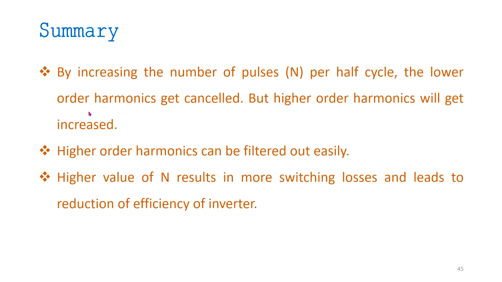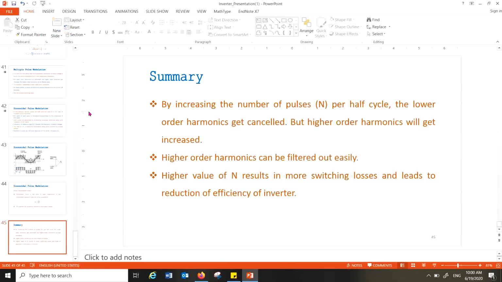So if we are going to increase the number of pulses per half cycle, then we need to turn your IGBTs and thyristors on and off, which introduces switching loss. That's the key point. And this is all about output voltage control of the inverter. Thank you very much.